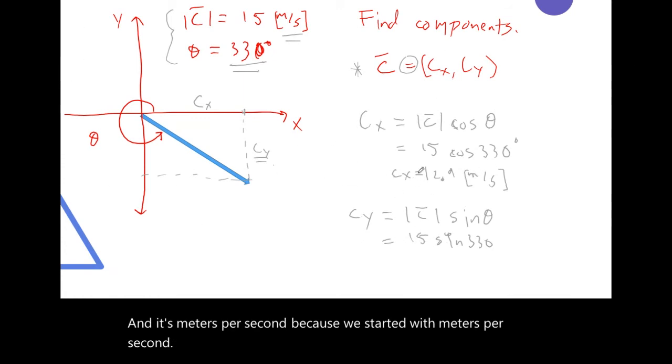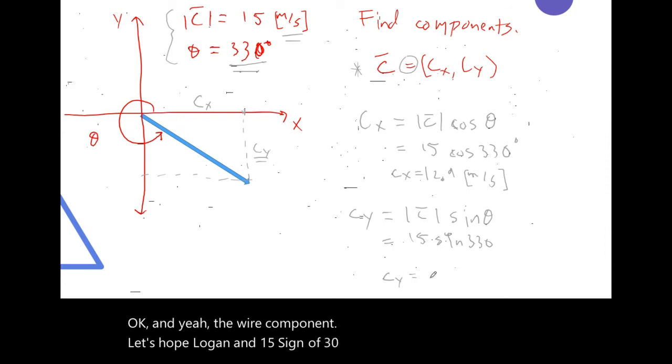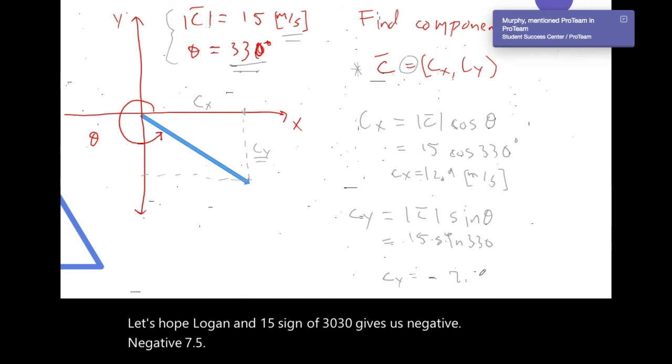Okay, and yeah, the y component. Let's see, plugging in 15 sine of 330 gives us negative 7.5. Nice, meters per second.